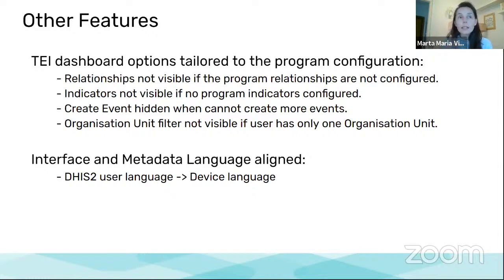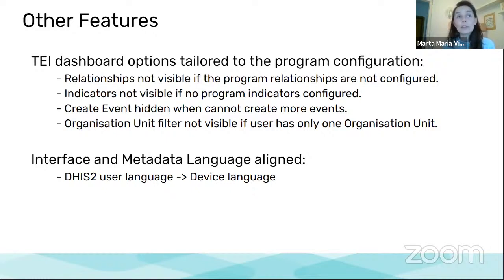For example, the tabs or the buttons in the navigation bar for relationships or indicators inside a tracked entity instance dashboard will not appear now if the program doesn't have relationships or indicators configured. They were visible before, and then the screen had no actual actions available. So that was confusing or adding noise that was not necessary.